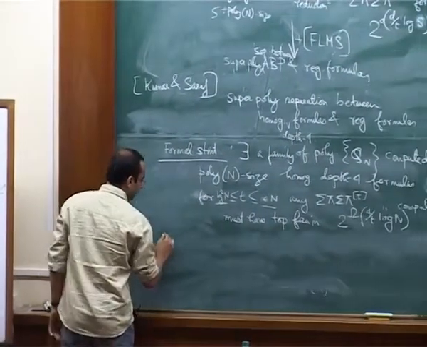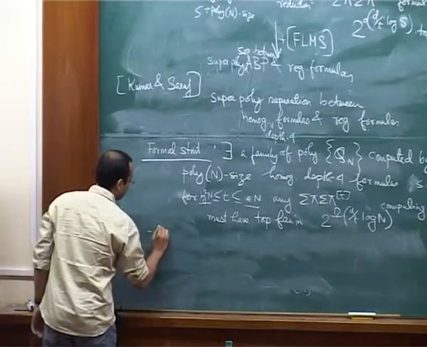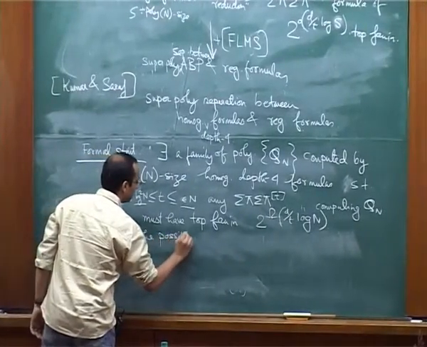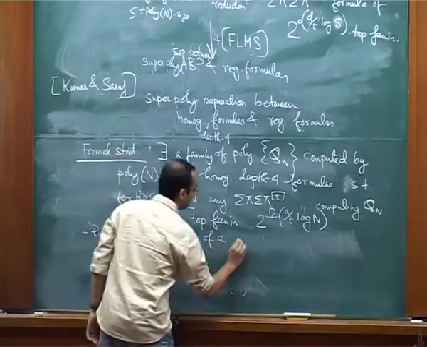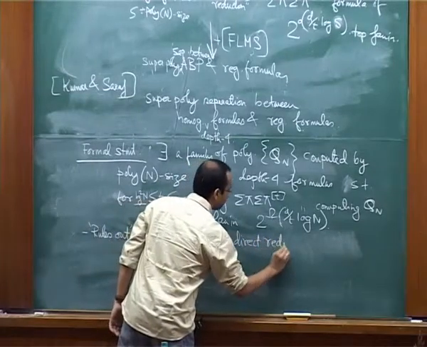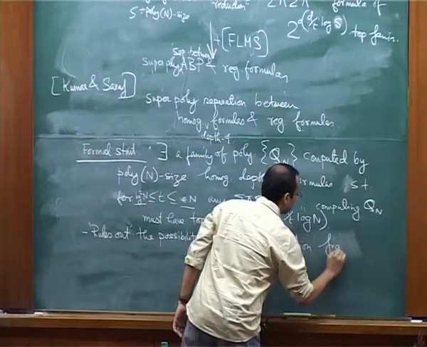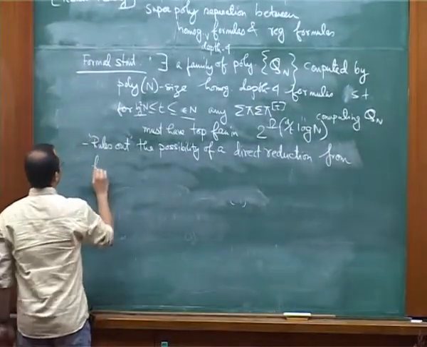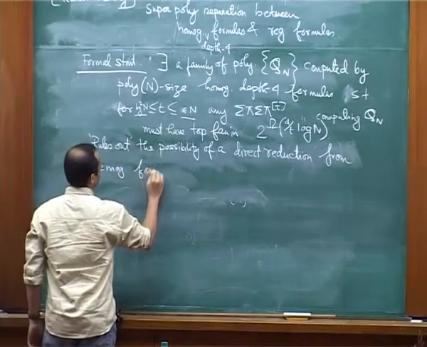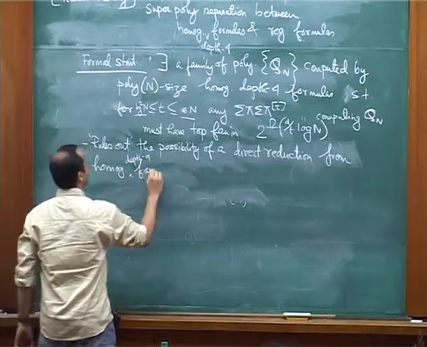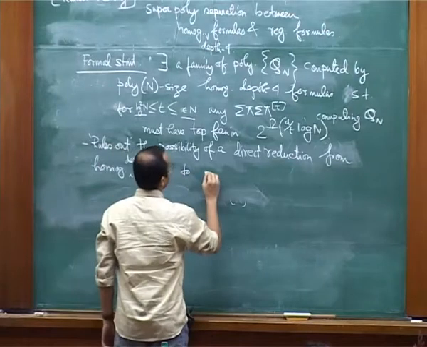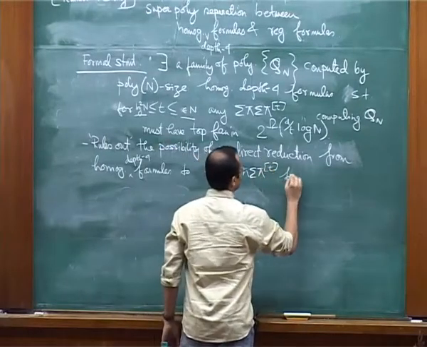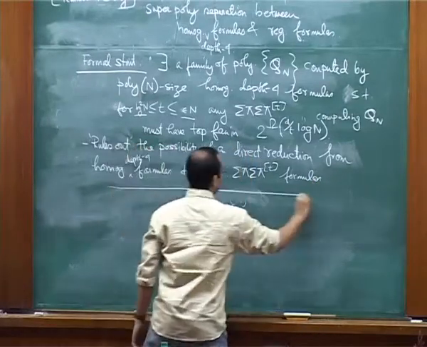So the moral of the story here is it rules out the possibility of a direct reduction from homogeneous depth-4 formulas to that particular kind of formulas, formulas of small top fan-in. Right? So now what to do?